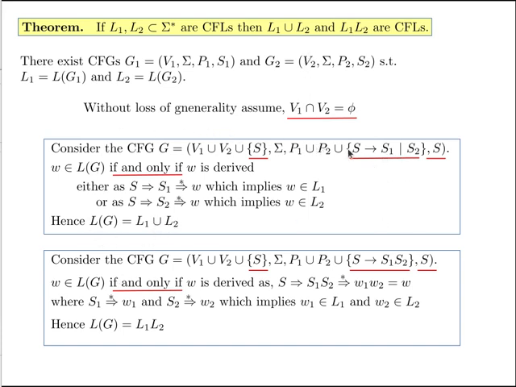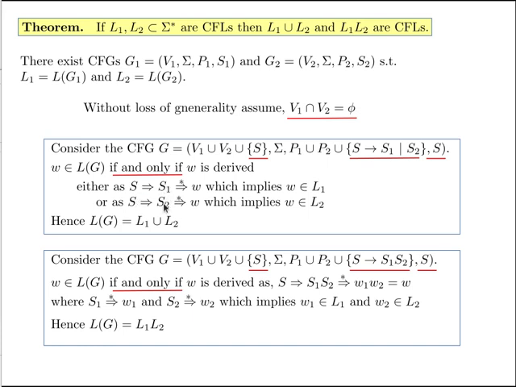This is clear from here because, see, what is L of G? All the strings which you can derive from this start symbol S, right? And how can you derive something from this start symbol? You see that this S only has these two productions. So when you start with S, in the first step you have to replace it either by S1 or by S2.